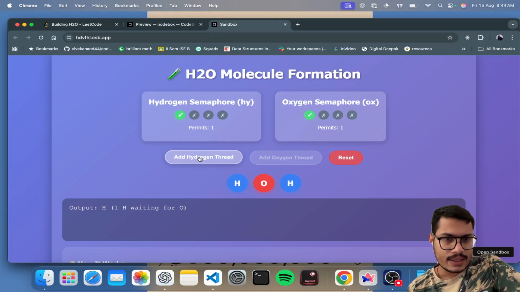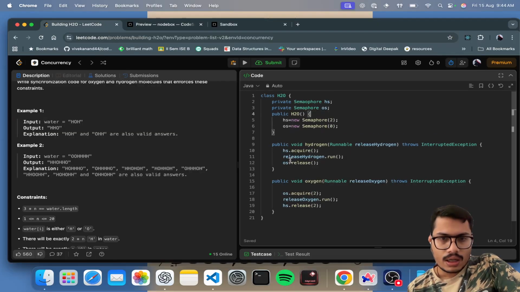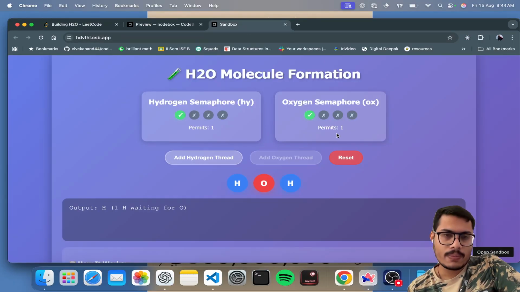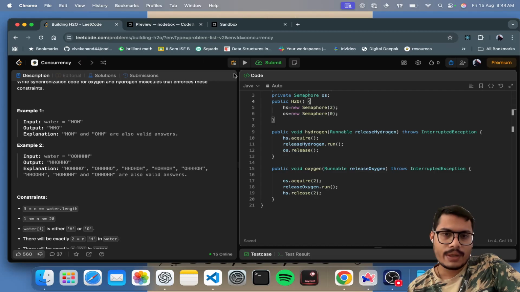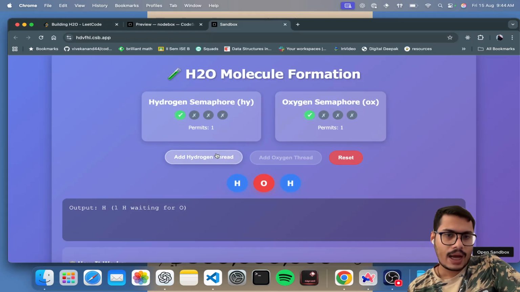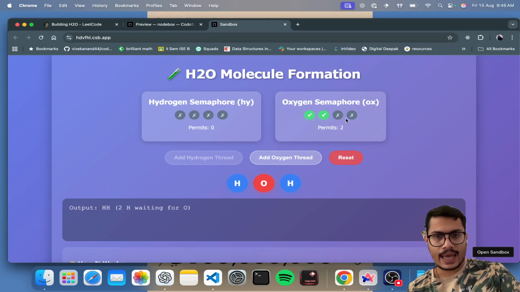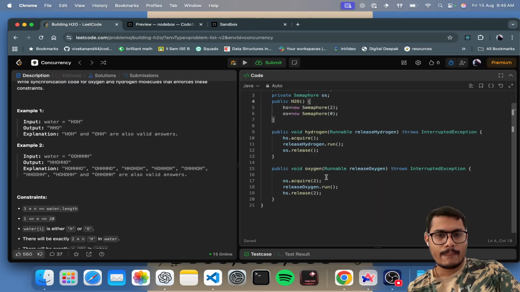Only then can I release the oxygen. So again, if I hit the hydrogen thread, the hydrogen counter was 1, now it will be 0, but the oxygen semaphore will be 1 and one more permit released. Again, if I run the hydrogen thread, now I can run the oxygen thread because I have the desired count of 2, which I had already set.